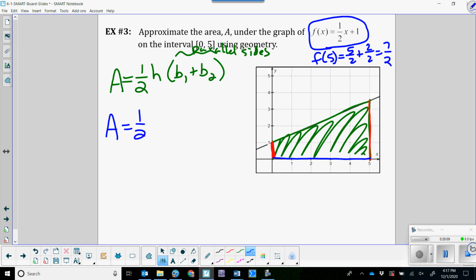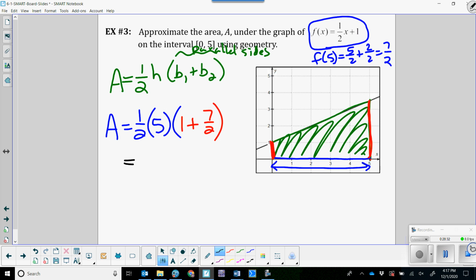It's 1/2 the height, which is 5, times base 1, which is 1, plus this base, which is 7/2 or 3.5.